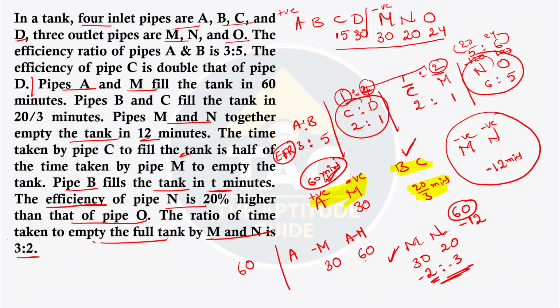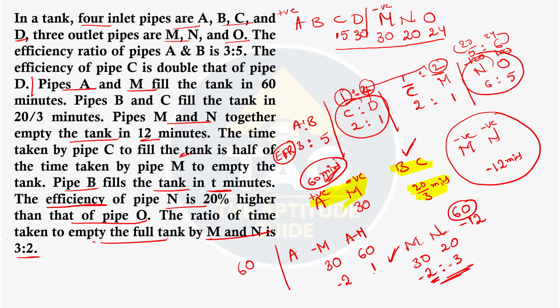Now, with the total being 60, A and M working together can fill 1 unit per minute. If M works alone, M can empty 2 units per minute.